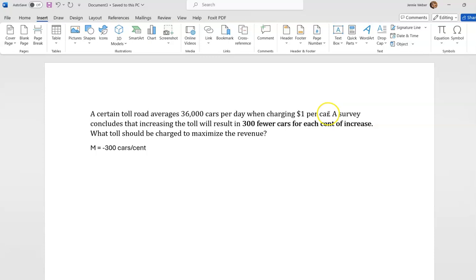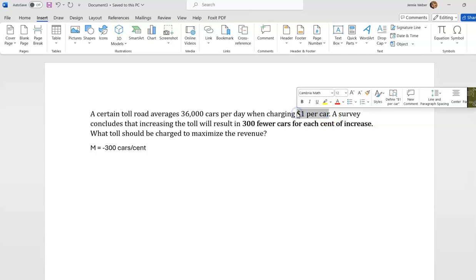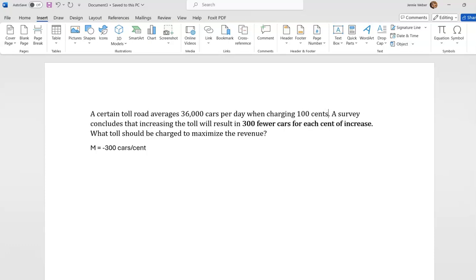Because we're in cents, this is 100 cents. They gave us a point, and our points are cost and number of cars. So our first cost is 100, and then 36,000 cars.